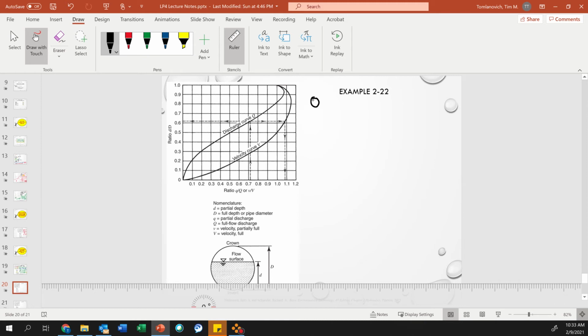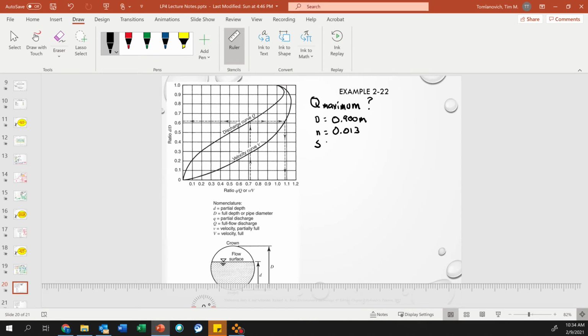From the previous example, we notice sometimes we can get more flow from a partial flow than a full flow. Oh, that's a tongue twister. So Q maximum. Okay, so D equals 0.900 meters or 900 millimeters. n equals 0.013.